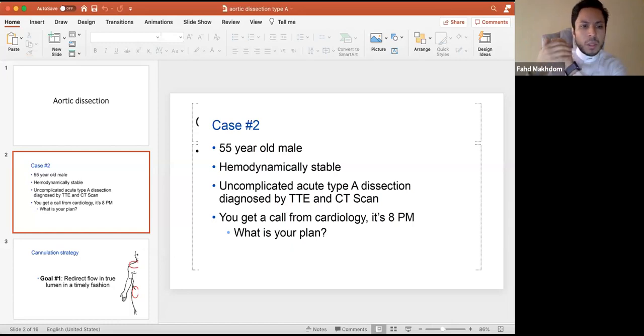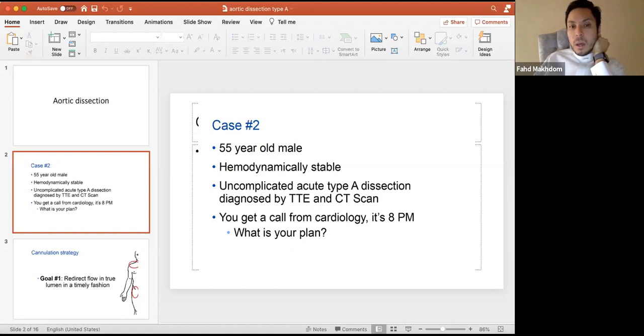There's a graph for the mortality of dissection I wanted to show you, but I couldn't find it. But this patient obviously, if you take him to the OR, there's a very high risk of mortality because of the intracranial bleed, right? So you always weigh the risk and the benefit.